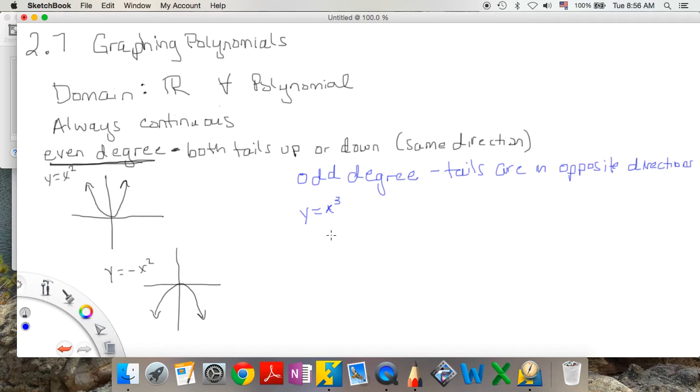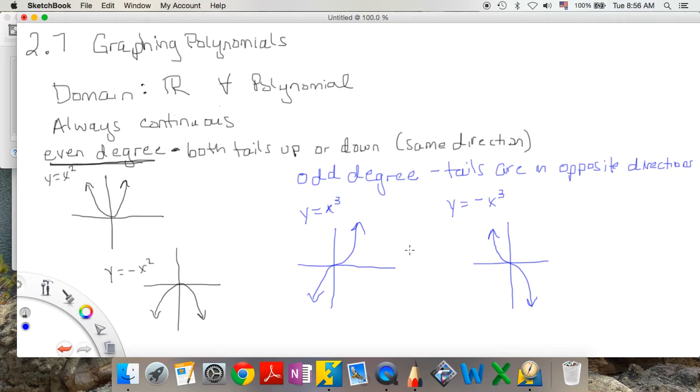If you graph that, it starts out negative and ends up positive. Or if you have y equals negative x cubed, then it's the other way around. But the tails are in opposite directions. No matter what happens in the middle, if you have a 3rd degree, a 5th degree, 7th, 11th, 21st degree, your tails are going to be in opposite directions.